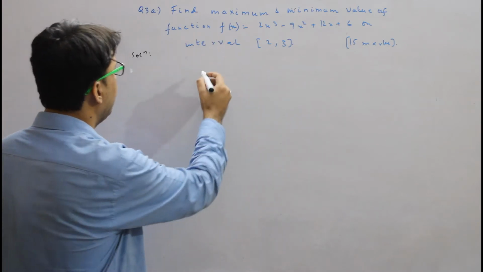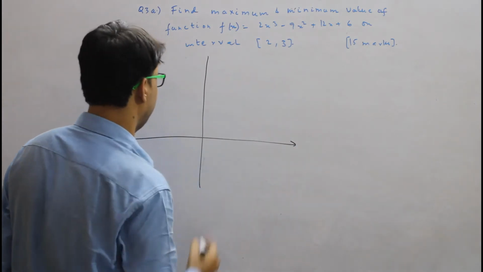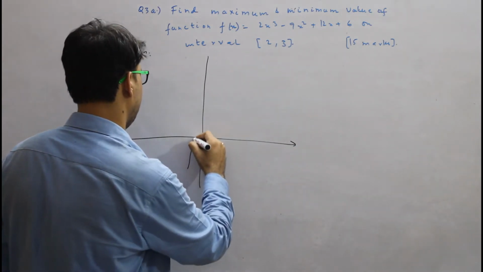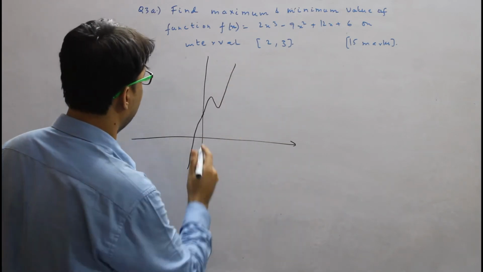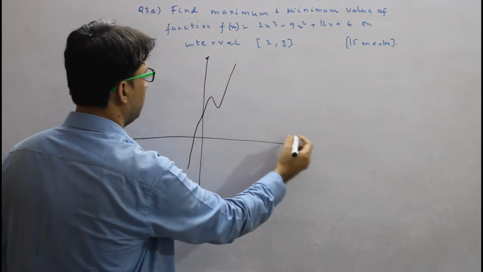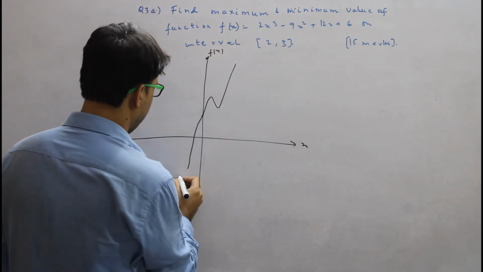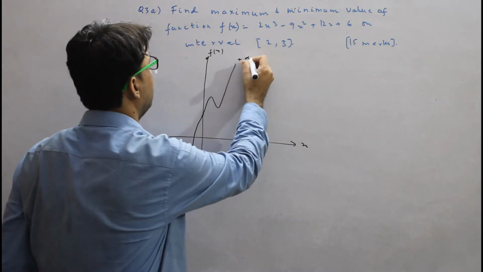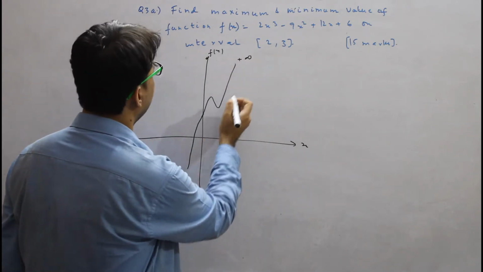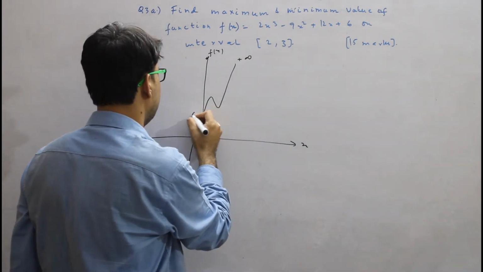So first of all, I will try to draw the graph for this one. This is the rough sketch. You can see that it tends from minus infinity to plus infinity, and at 0 the value is 6.